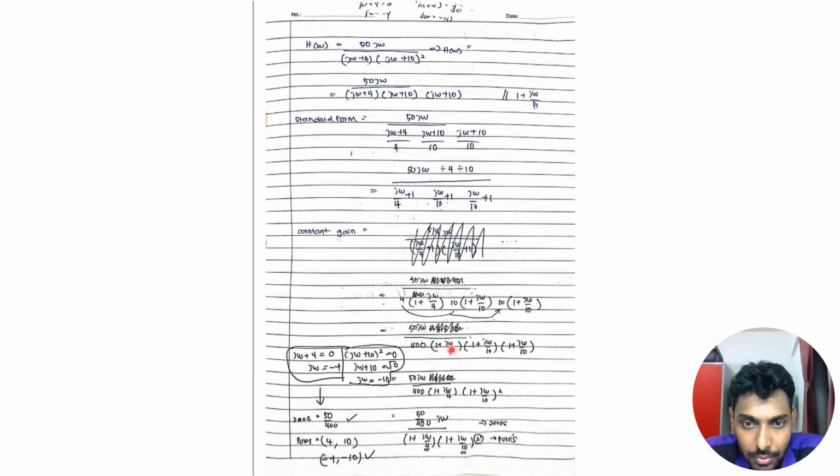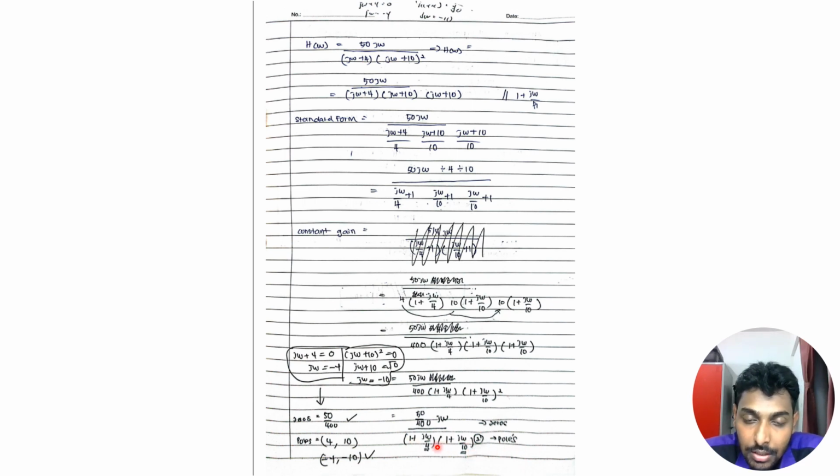From this we get the zeros and poles: the 50 over 400 jω is the zero, and the 1 plus jω over 4 and 1 plus jω divided by 10 are the poles. The poles are found by setting each bracket equal to 0.